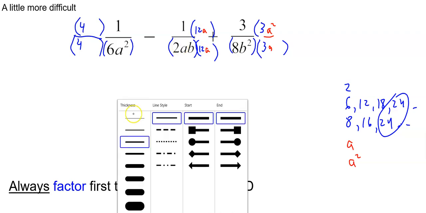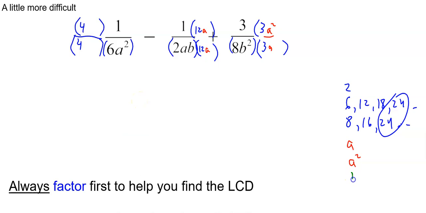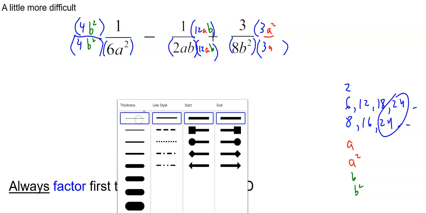Let's now look at the b's here. We have a b and a b squared, so I need a b squared. This one has everything it needs. This one needs one b, it's lacking a b. And this one needs two b's, so b squared. I think now all of these will have the same denominator, right?